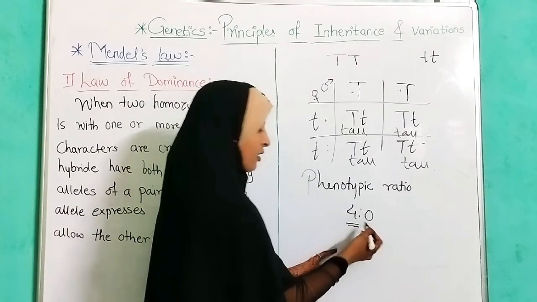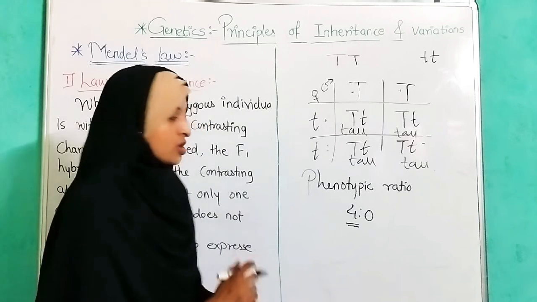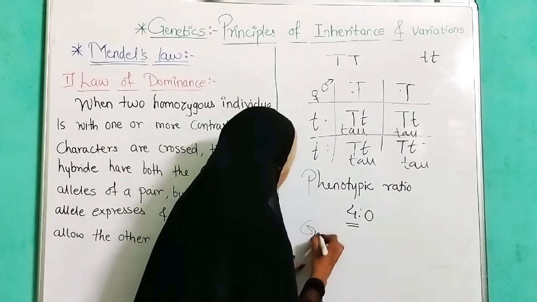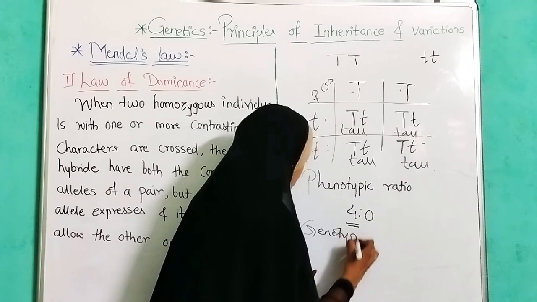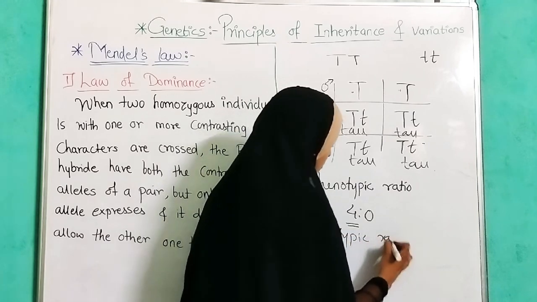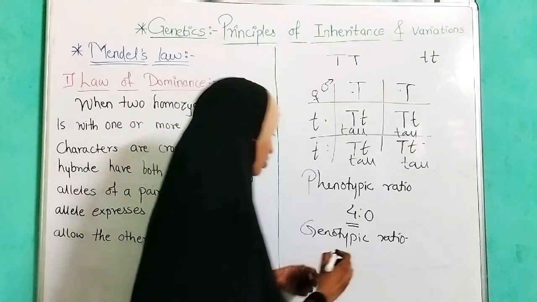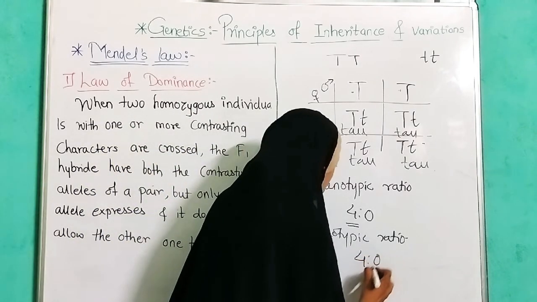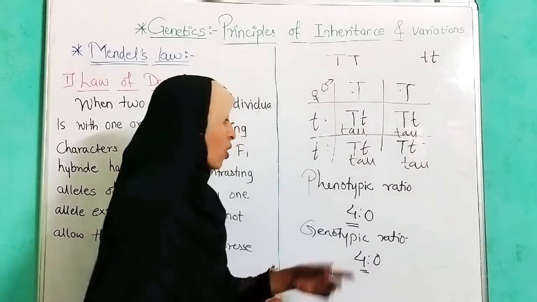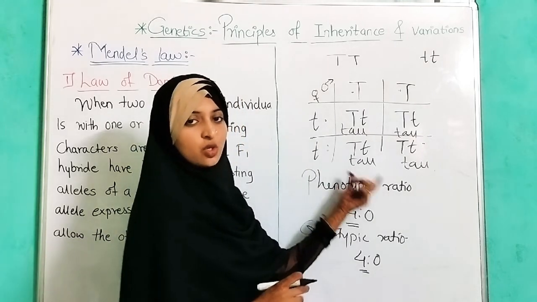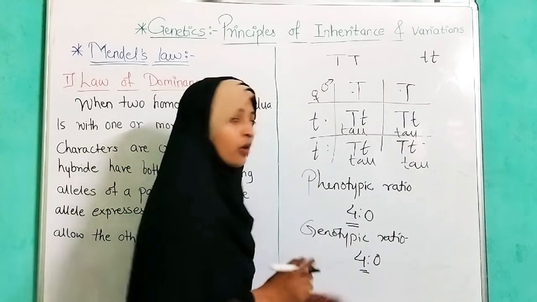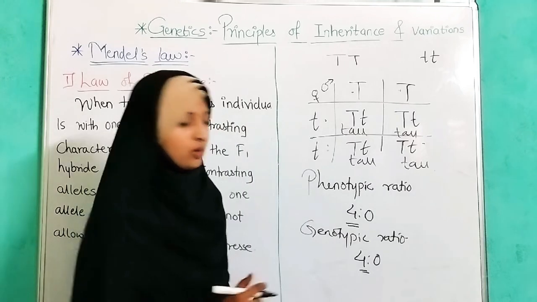So here we have written 4:0. Genotypic ratio. The genotypic ratio is as well 4:0 because all four offspring or individuals are heterozygous tall.